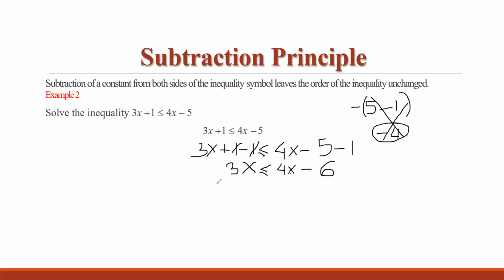Remember, it is initially positive, so it's going to get the negative sign: 3x minus 4x less than or equal to, on this side we are remaining with negative 6. So we have 3x minus 4x. What do we get?